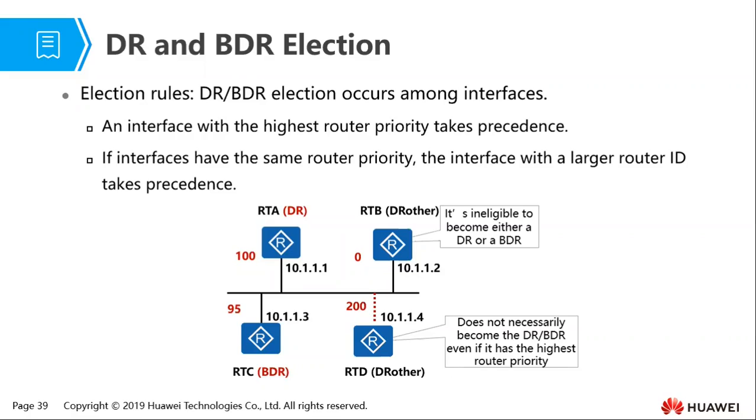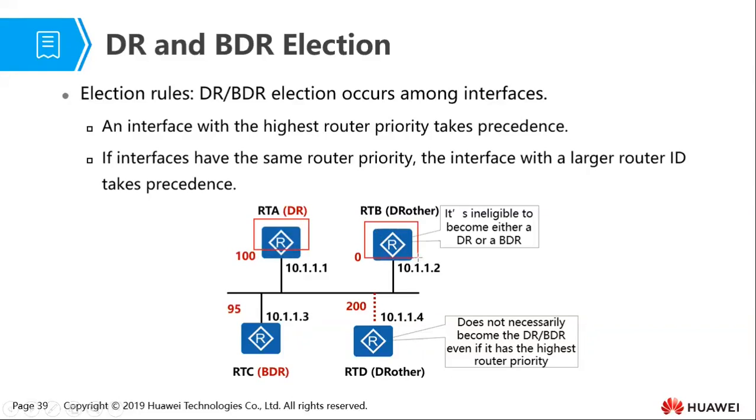Okay, can someone remind us, please, how the DR is elected? The interface with the highest router priority takes precedence. Now, please understand that OSPF elections are not done per router.